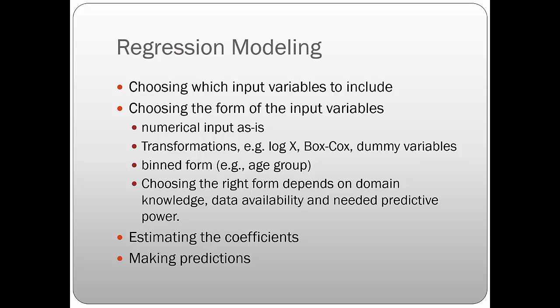And once we have selected input variables, we have some choices to make. Should we use the input variables just as is? So some numerical variables will have good properties, like no skew, evenly distributed, and there are no outliers. So then you can use those variables as is. But if you have some issues, like if it is skewed to the right or to the left, then you have to do some transformations to make it less skewed.